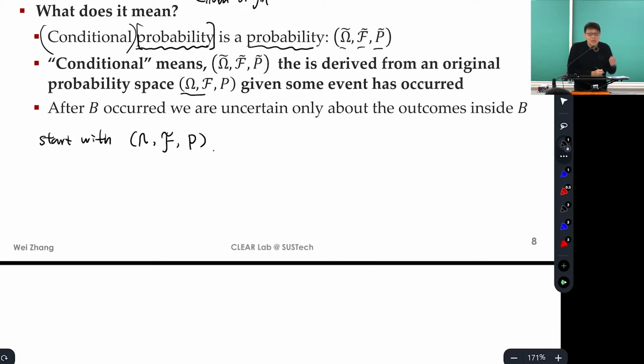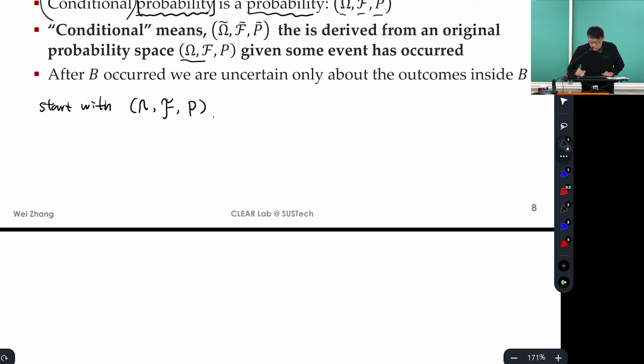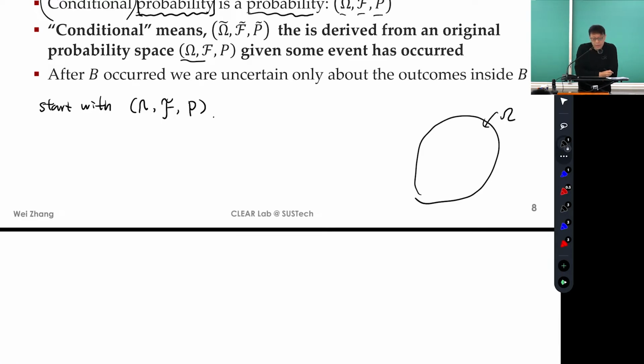That describes our knowledge about the whole uncertainty evolved into these possible outcomes. Let's say this is my omega. I assign probabilities to each event inside F. Now what happens is, let's say event B occurred.